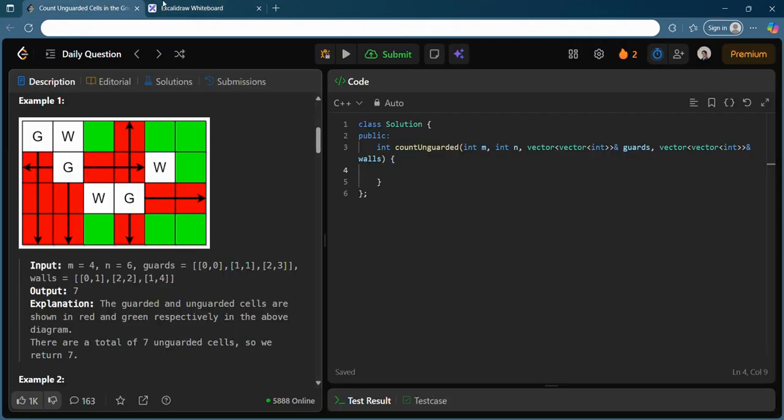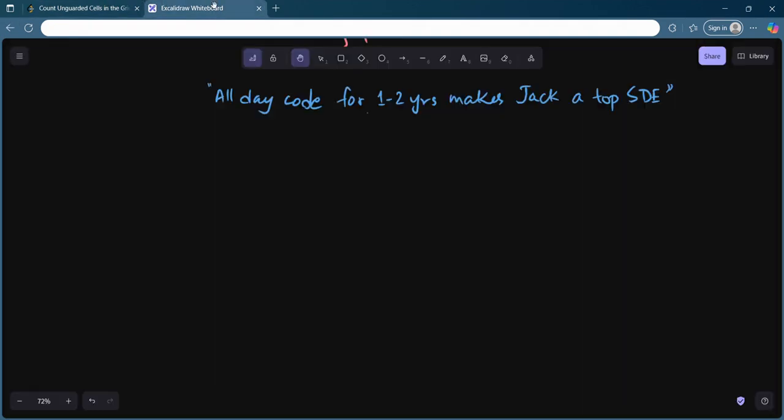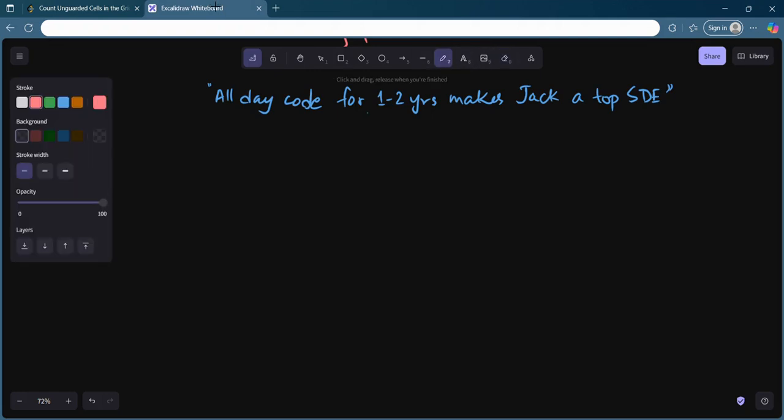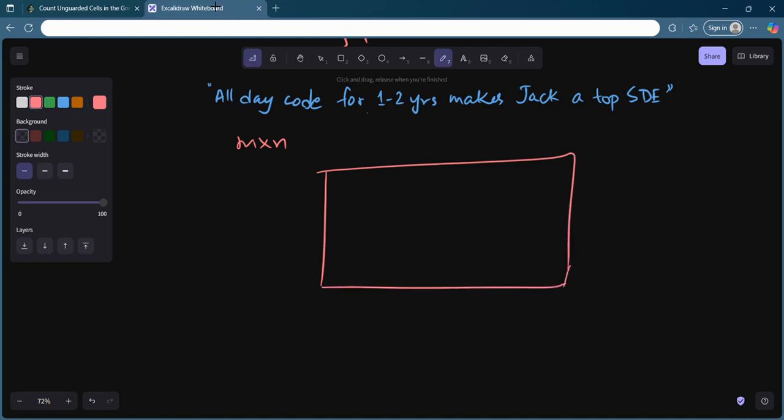So what do I mean by the simulation? See, there are m cross n number of cells, right? So what I want to say is that in a brute force manner, you can just see whichever cells are seen by a guard. Okay, let's say this cell is seen by a guard, and you just want to check all of these cells.